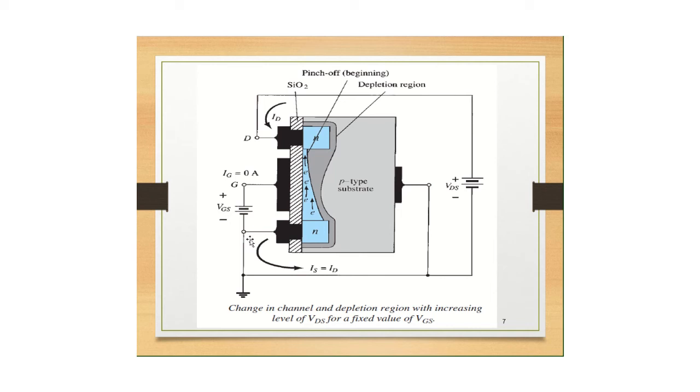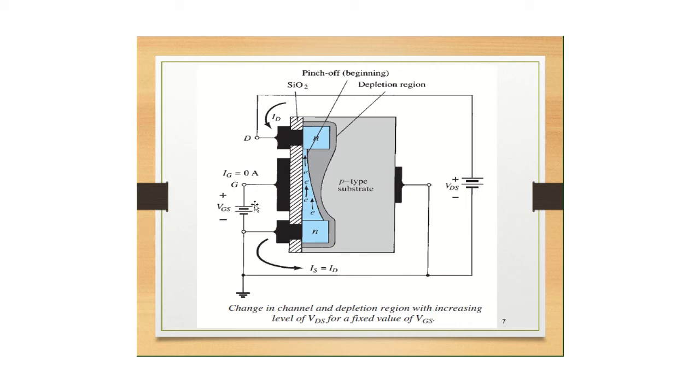Now let us take one example. If VGS is kept constant and VDS is increased, say VGS we are keeping at 8 volts and VDS we are varying from 2 volts to 5 volts.